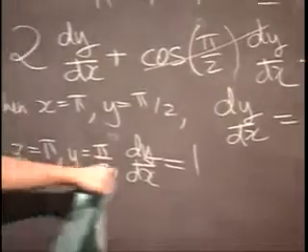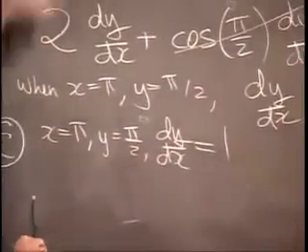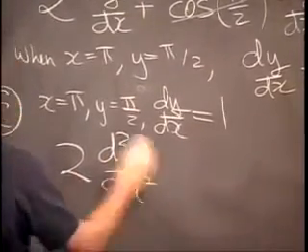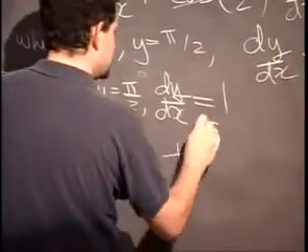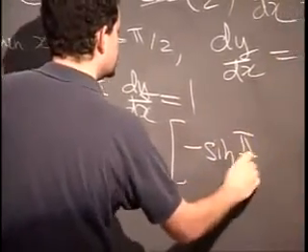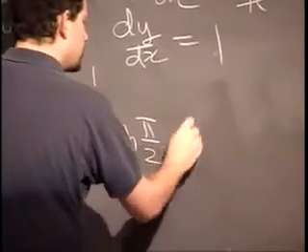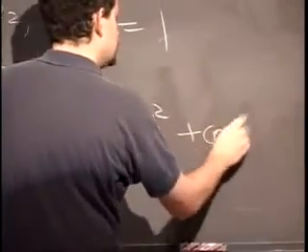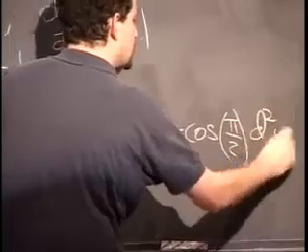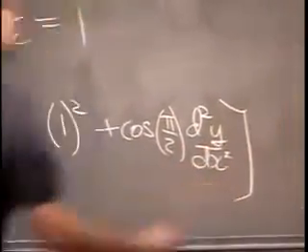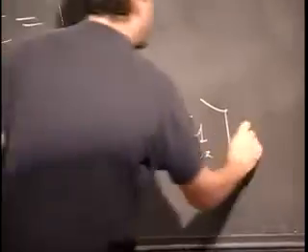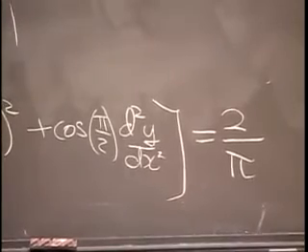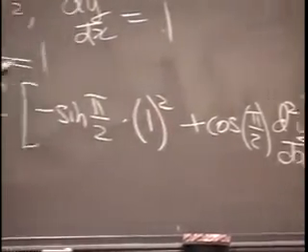And if we plug in those quantities into this equation C, we get 2 d2y/dx squared plus minus sine of pi over 2 times (dy/dx) all squared, which is 1 squared, plus cosine pi over 2 times d2y/dx squared. All that equals the right-hand side, which is 2 over pi. So that is equation C, specialized to the point when all three of these things are true.